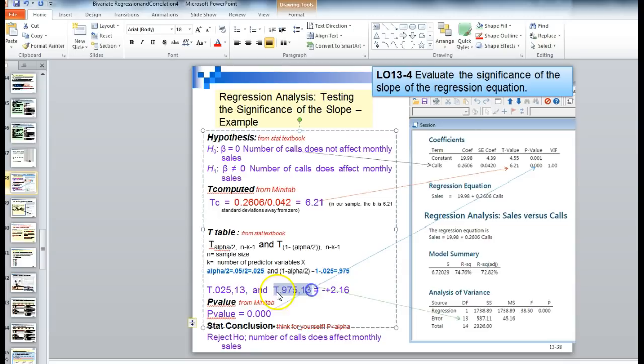So that's going to be positive 2.16, that's going to be negative 2.16. And the rejection region is if this number is greater than positive 2 or smaller than negative 2, then you'll reject, and sure enough it is. It's greater than positive 2. P-value is less than alpha, just use a p-value.